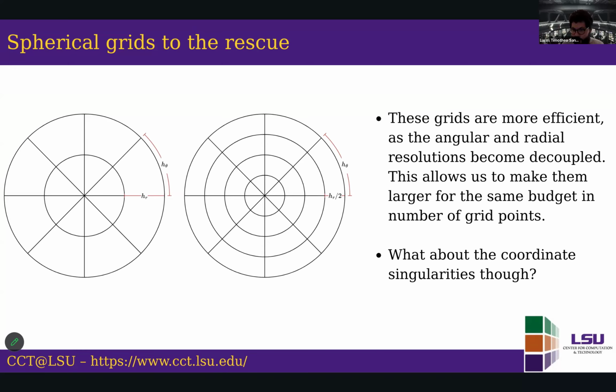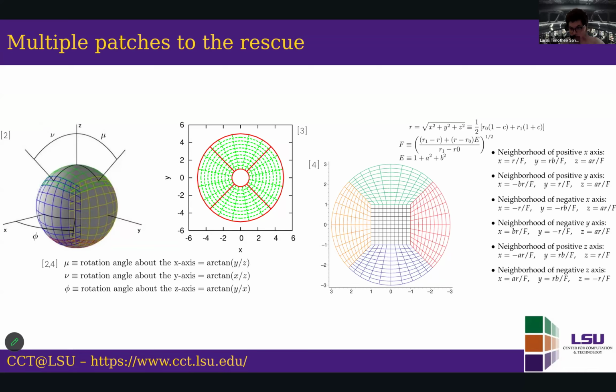The idea here is that you're going to cover your simulation domain. You're going to use spherical coordinates, but you're not going to use a single coordinate chart to describe the surface of your sphere. You're going to use multiple coordinate charts. And you do that because when you combine these coordinate charts, you can cover the surface of the sphere without introducing any coordinate singularities, right?